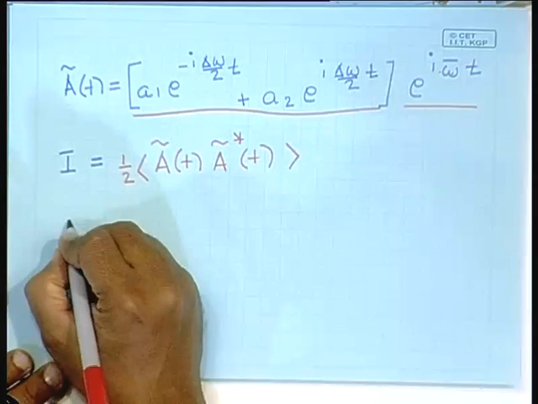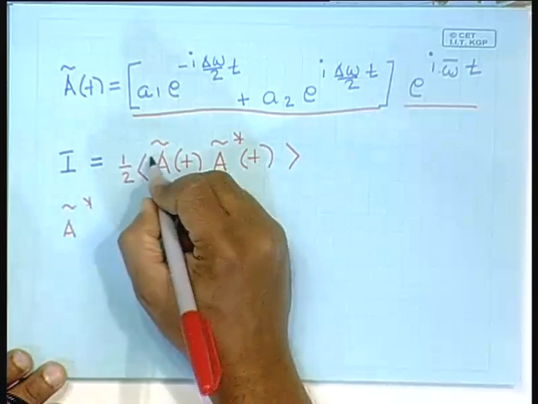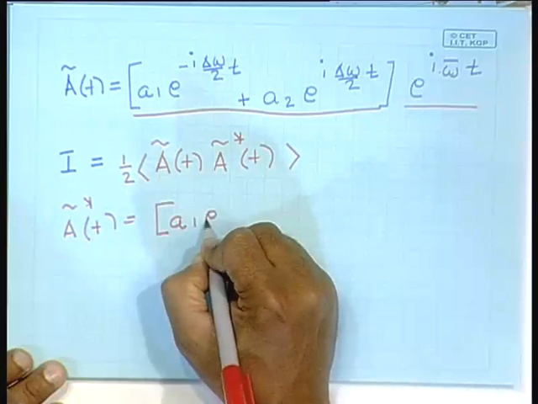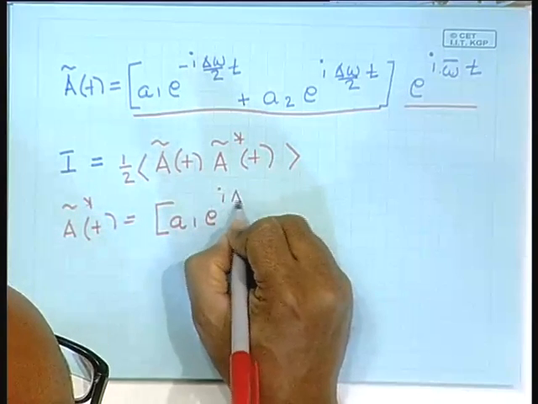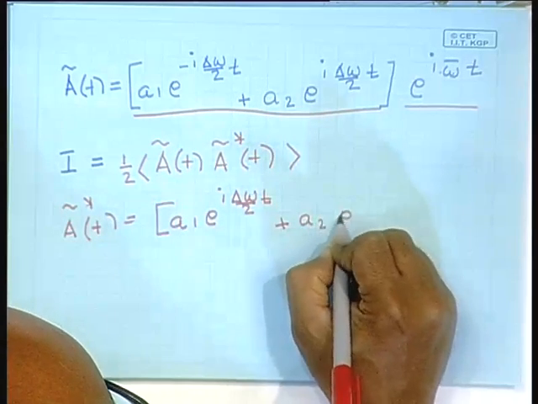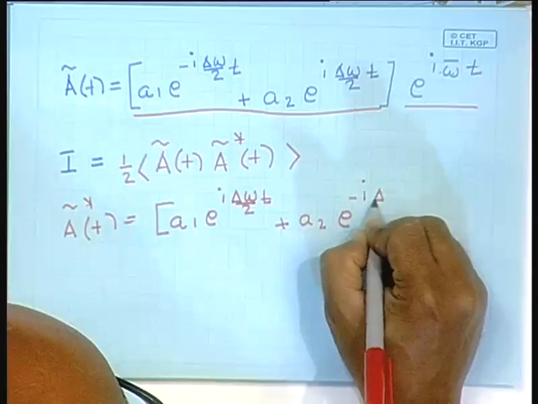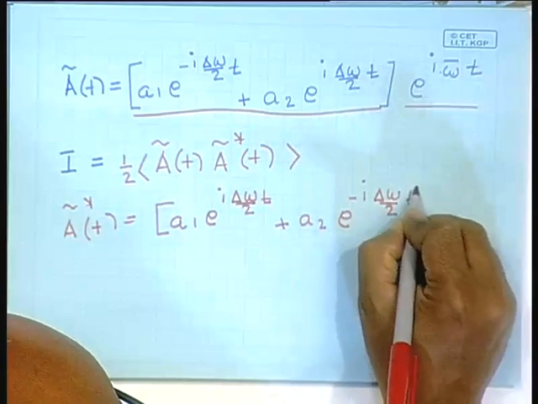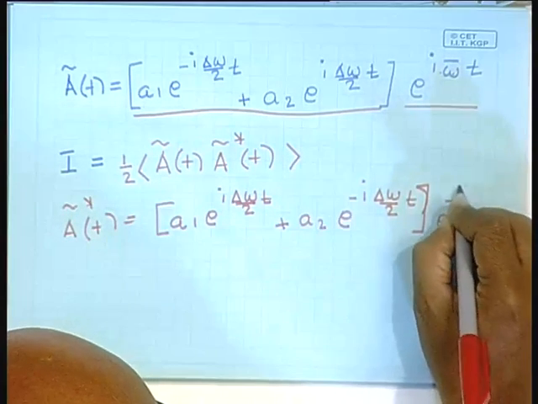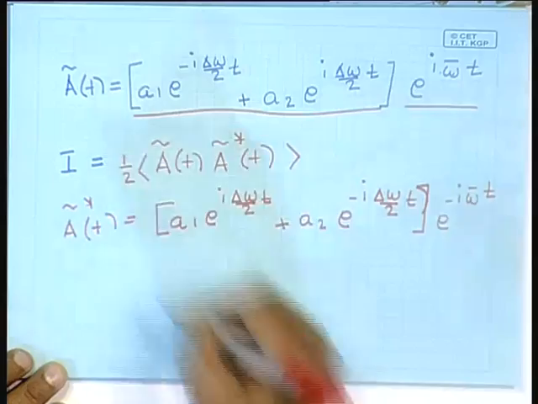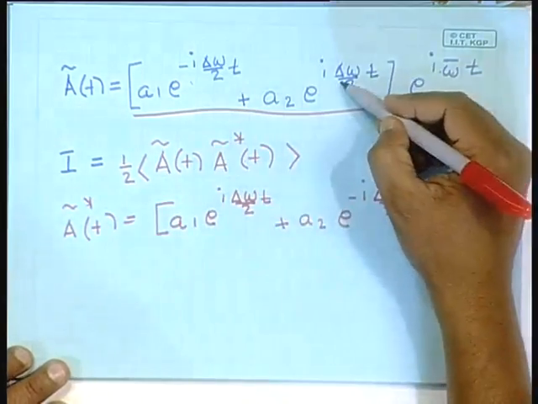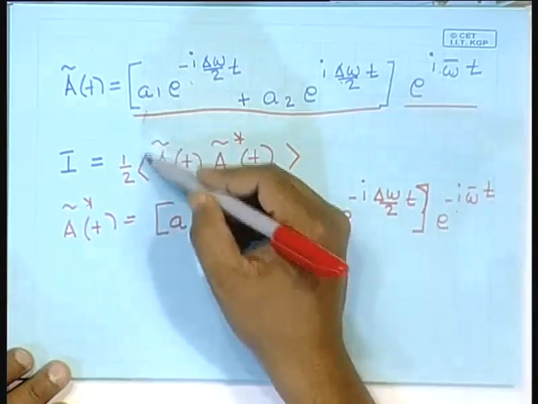So, if you take the complex conjugate of this, what you get is this into e to the power minus i omega bar t, and we multiply these two. So, these two factors will cancel out, and this into this is going to give us a1 square, this into this is going to give us a2 square, with that factor of half.